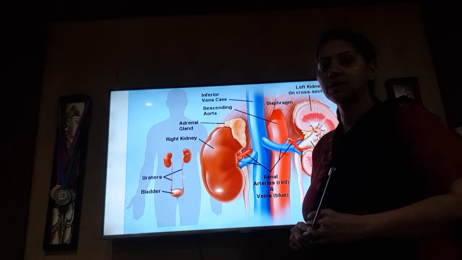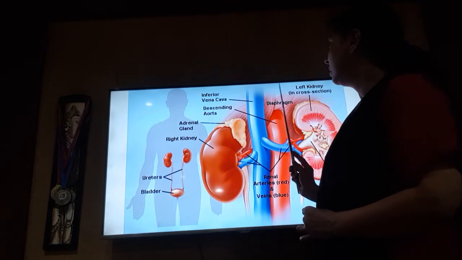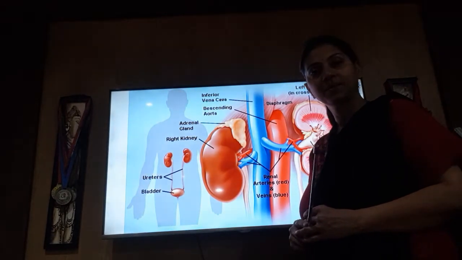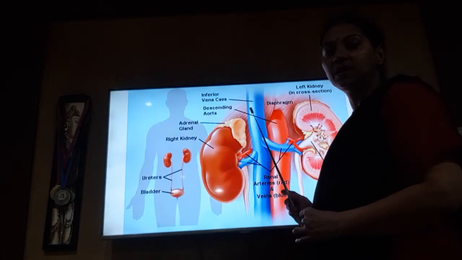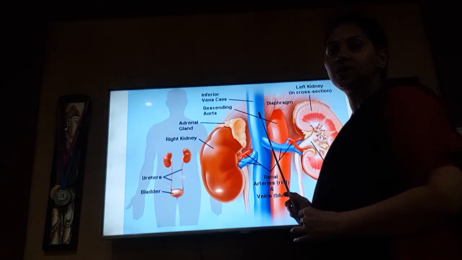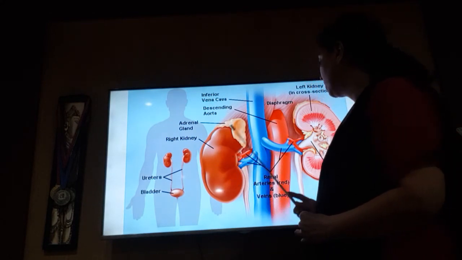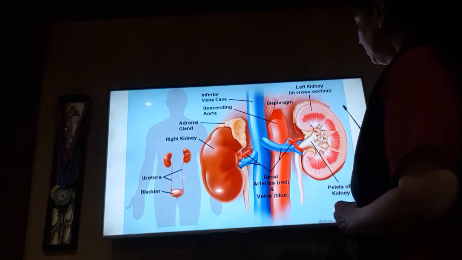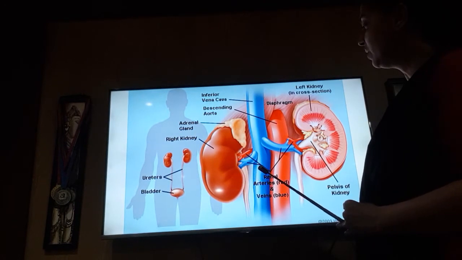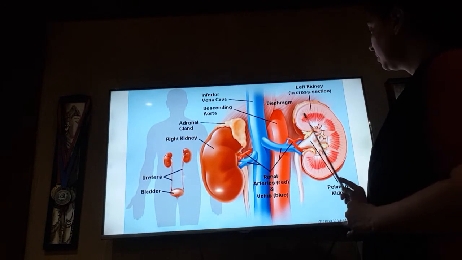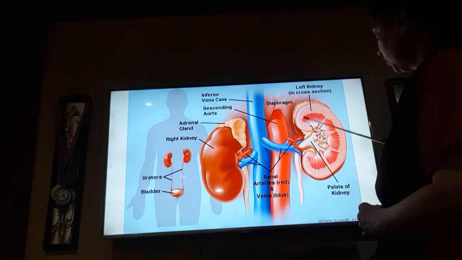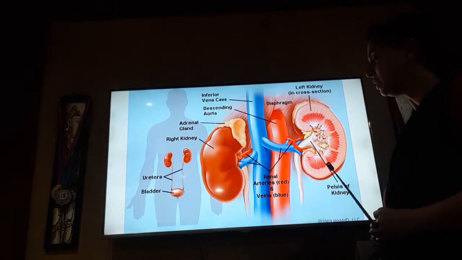So near the celiac trunk is the celiac plexus. This is all about the nerve supply, arterial supply, venous drainage, relations, histology and the section of the kidney.